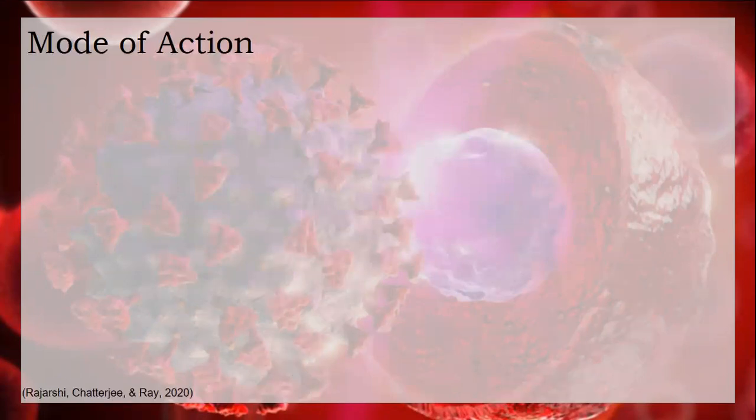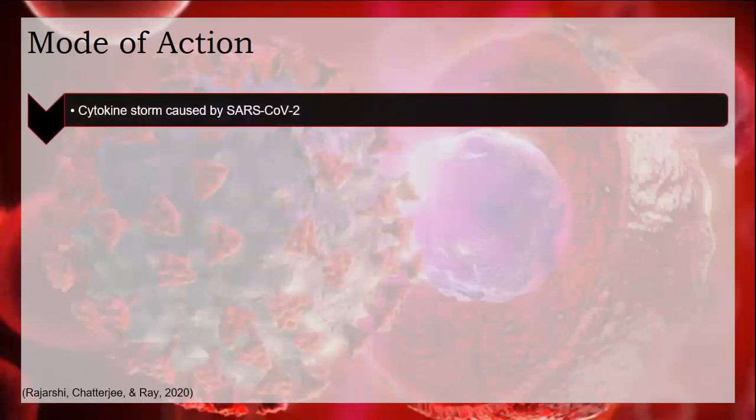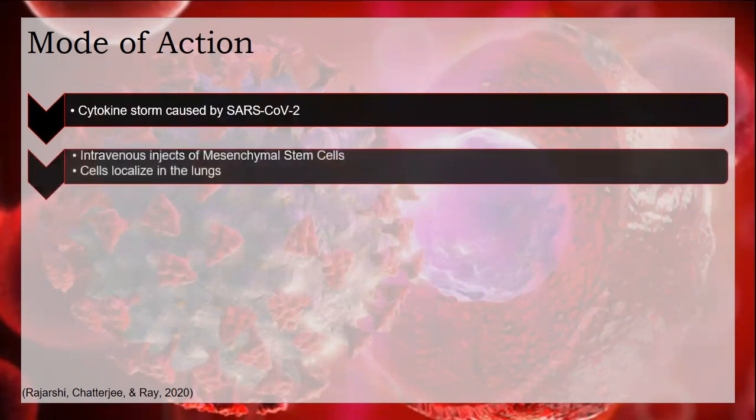Coming to the mode of action of the mesenchymal stem cells on the infected patients. As we know, infection by the SARS-CoV-2 virus induces a cytokine storm in the individual's body. Once these mesenchymal stem cells have been intravenously injected in the body, they localize in the lung tissue, which is the main house of the virus in the body.